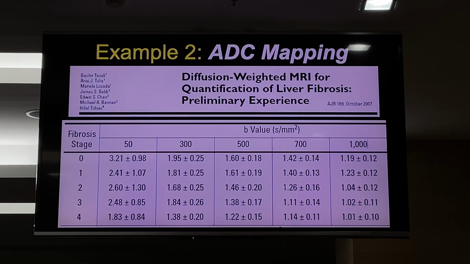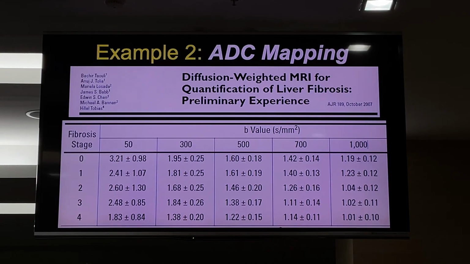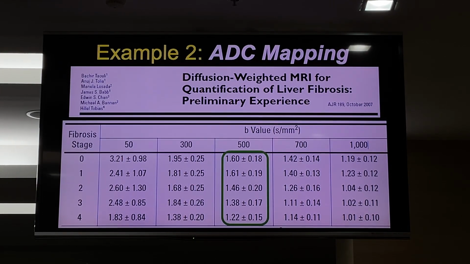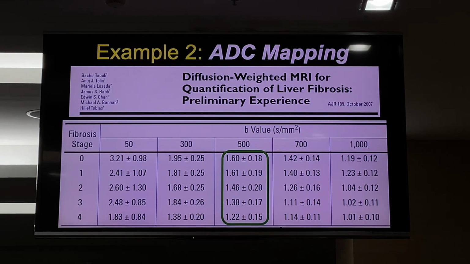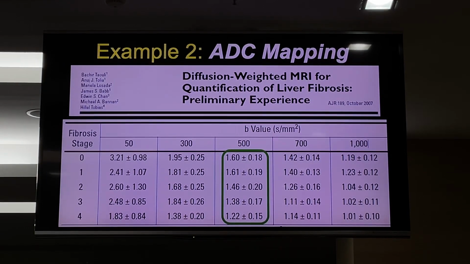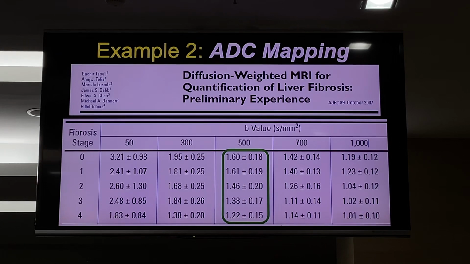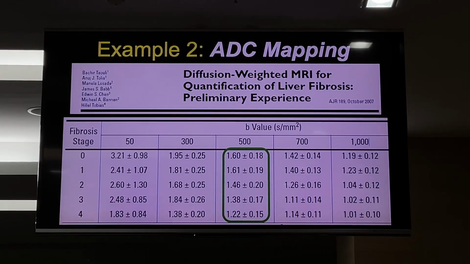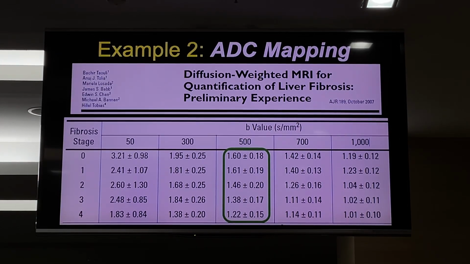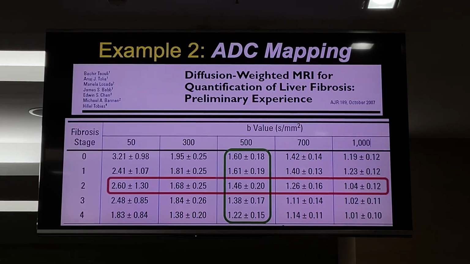And the interesting thing, or maybe a little scary thing, is there seems to be some ability to distinguish fibrosis stages based on the diffusion signal. So there's a monotonic relationship between ADC and fibrosis stage.